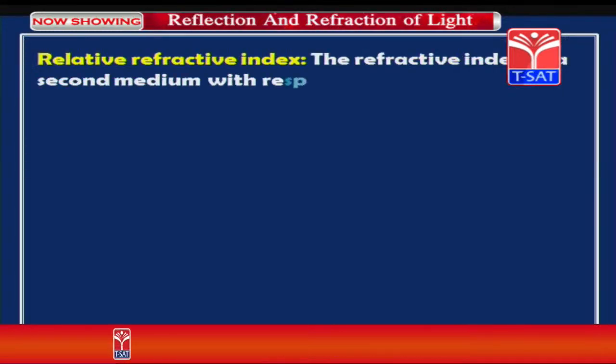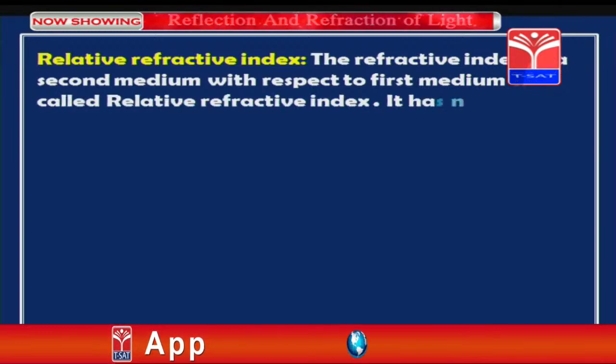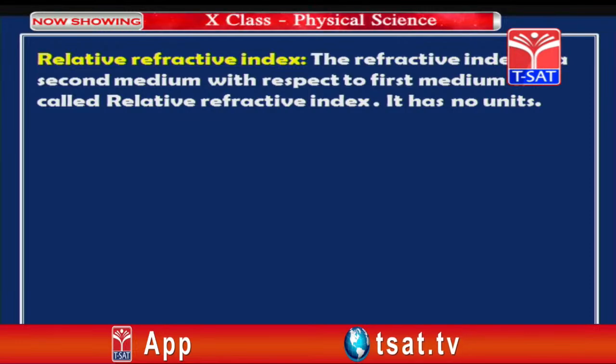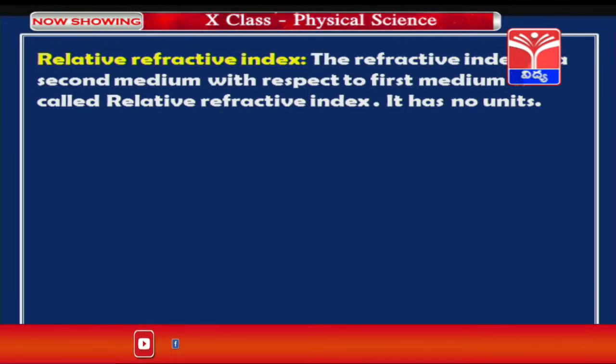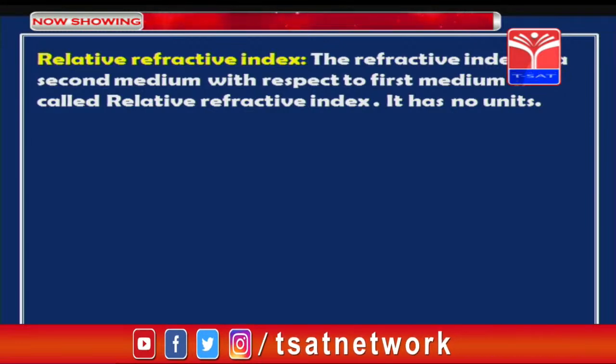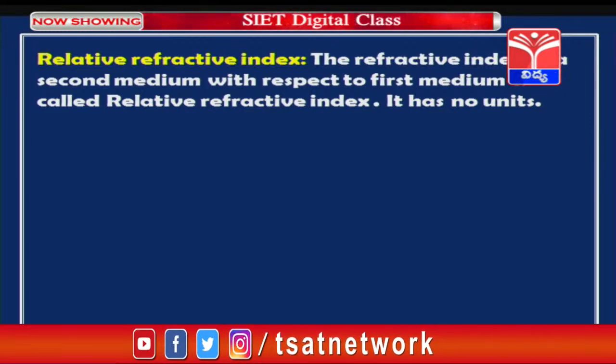Now, we will see relative refractive index. The refractive index of a second medium with respect to the first medium is called relative refractive index. Relative refractive index has no units.